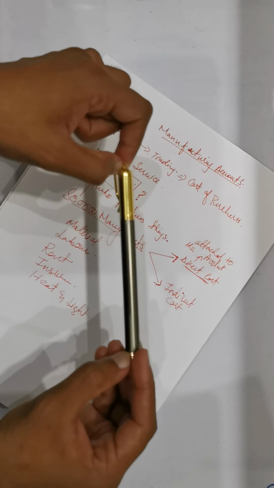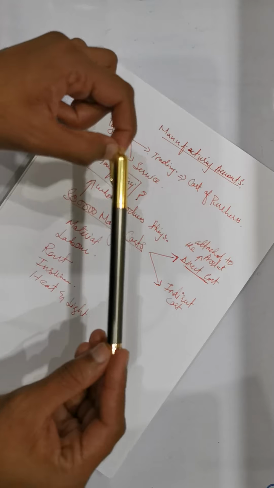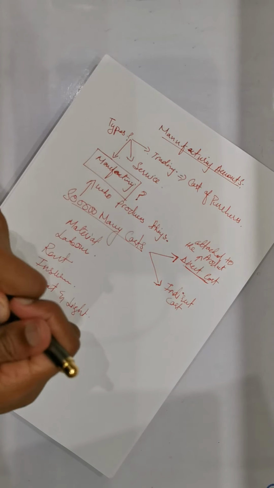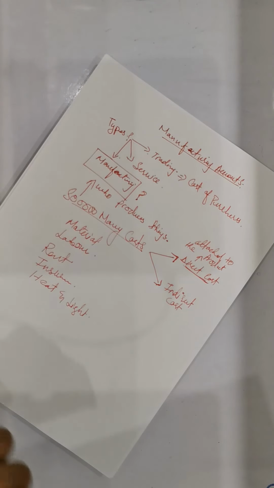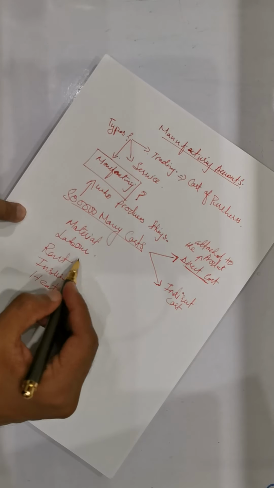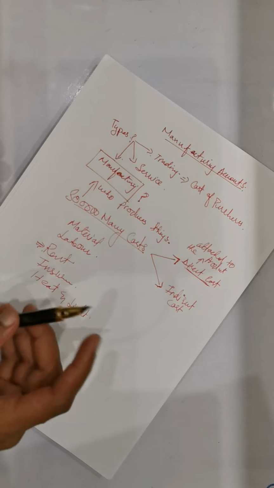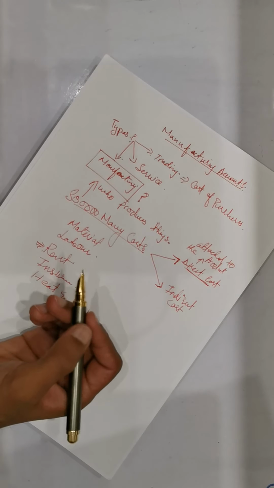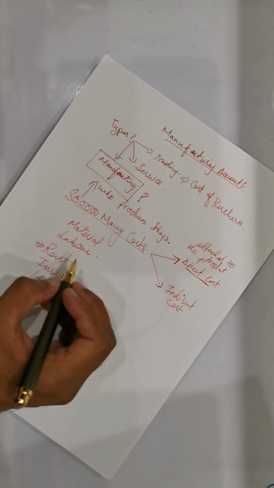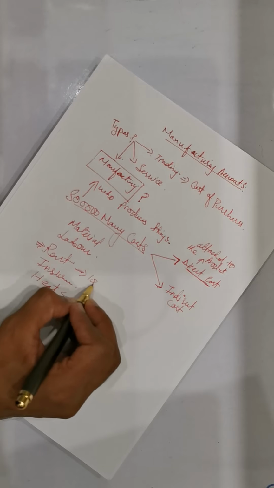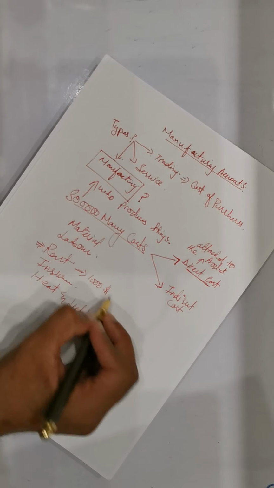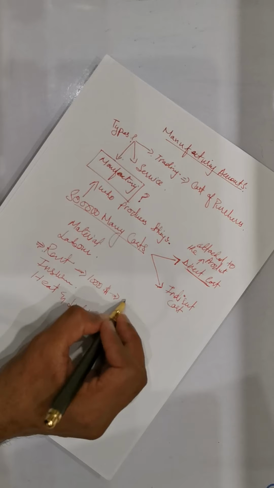But there are other expenses which cannot be directly attached to the product. For example, you cannot attach the cost of rent. How can you not attach it? Say the rent is $10,000, or let's say $1,000, and how many pens do you make?